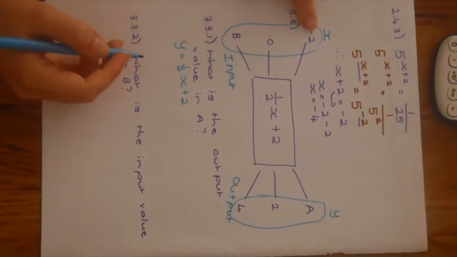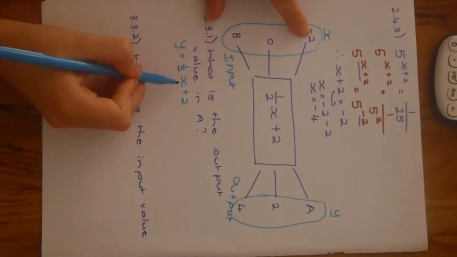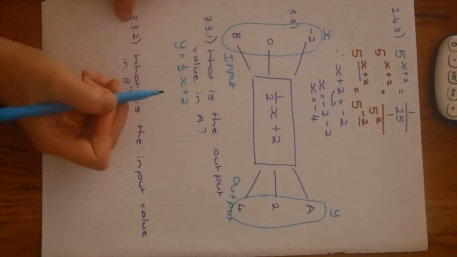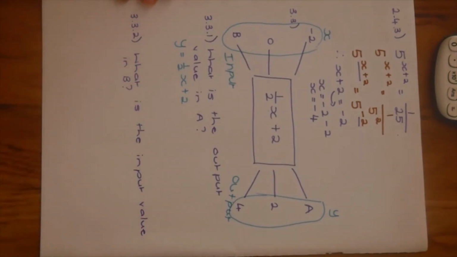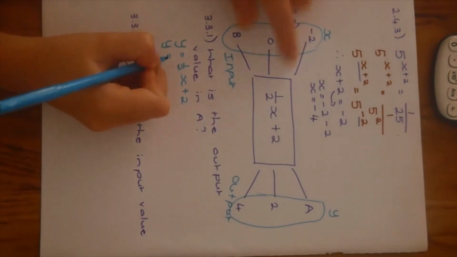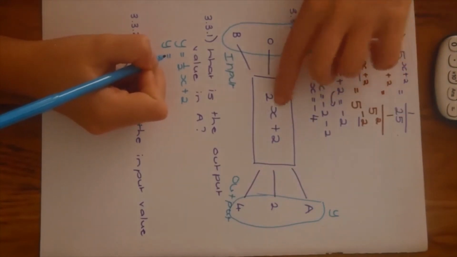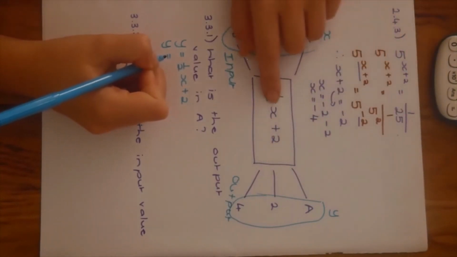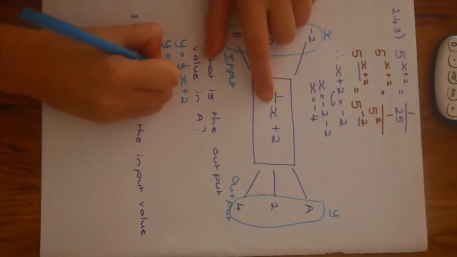So if they give you the input, all you have to do is substitute the number they give you into the x. Whenever you're substituting, I've told you this before, please remember to use a bracket in case your sign changes. So because they want a, I'm going to put the -2 into this formula. If I want to substitute, I must use a bracket.